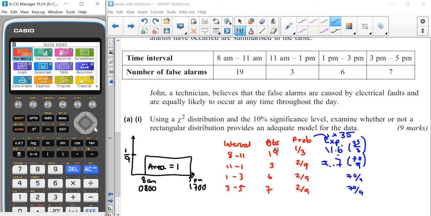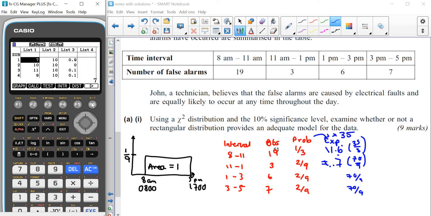So then we're going back into our graphical calculator. Delete anything that you already have in there. Remember that that third column has been filled out with our contributions, so that's why that got filled out automatically. So in our first list, we're going to have 19, 3, 6 and 7.